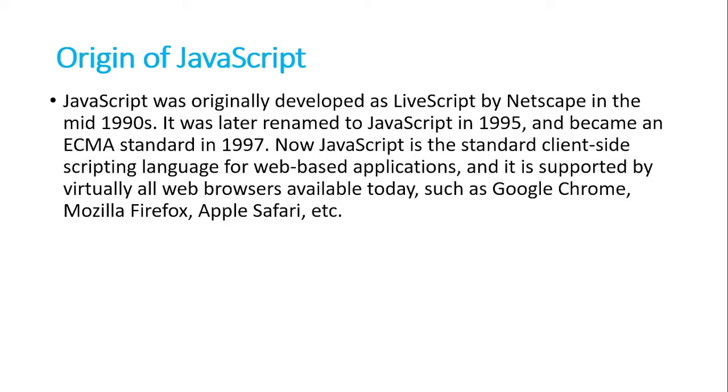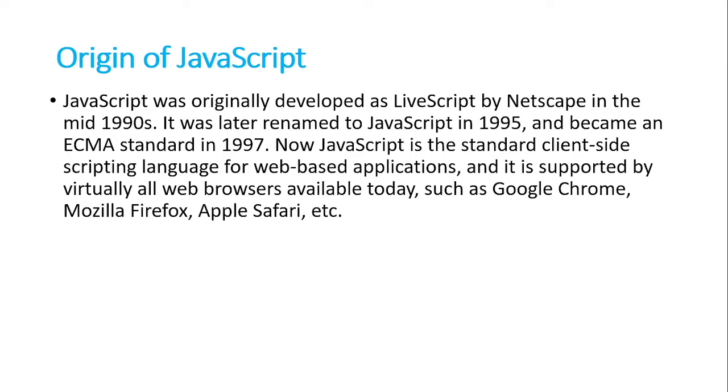Origin of JavaScript. When did JavaScript start, or how did it come into existence? JavaScript was originally developed as LiveScript by Netscape in the mid 1990s. It was later renamed to JavaScript in 1995.